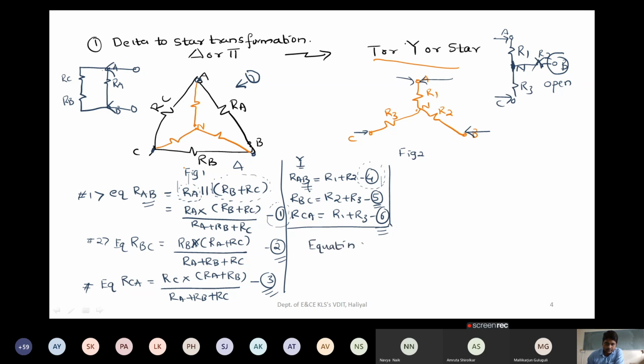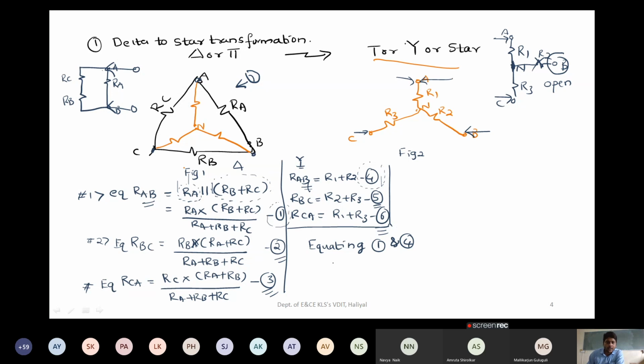If you equate equation 1 and 4, why are we equating only equation 1 and 4? Why not 1 and 5? Why not 1 and 6? Because the reference resistance terminals are the same, RAB, right? So if you equate them, both LHS and RHS, the LHS can be neglected.